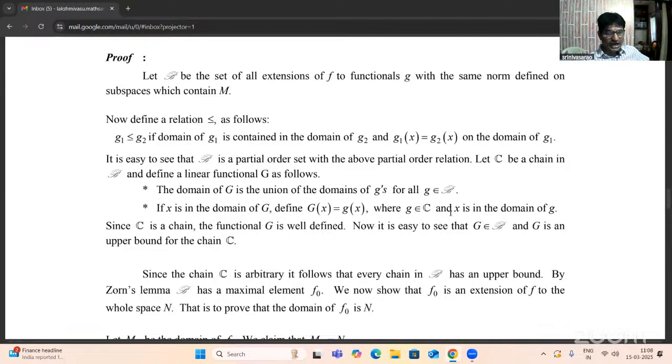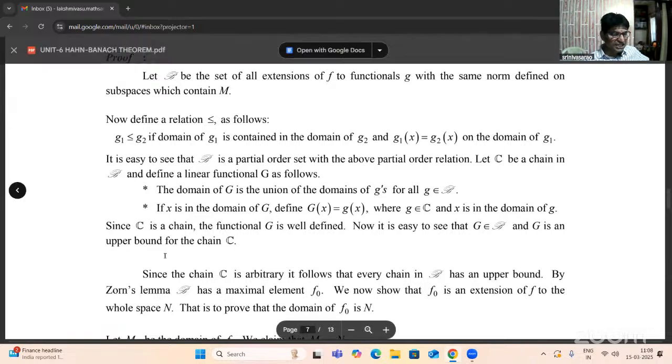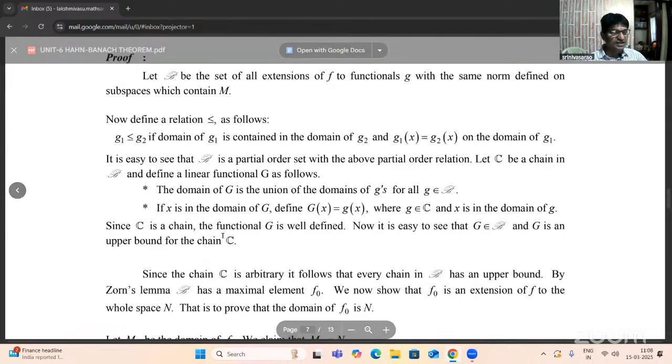The domain also consists of the chain part, so x is in the domain of G. Since C is a chain, the functional capital G is well defined.